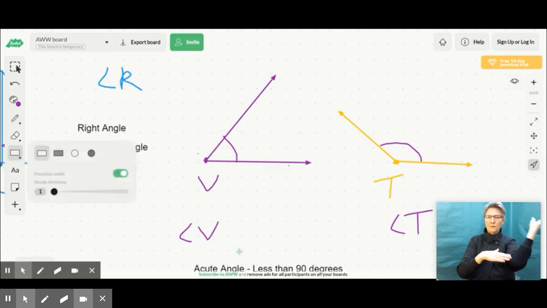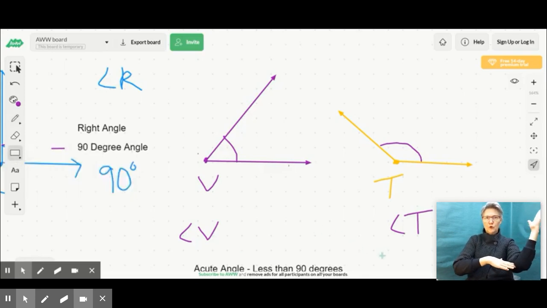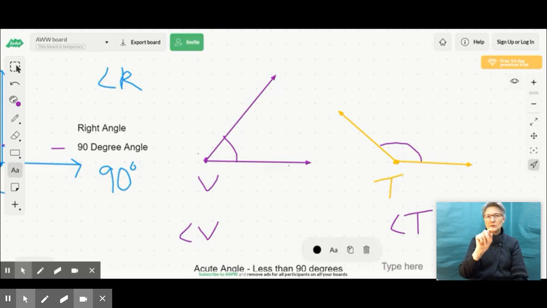So if it is greater than a right angle or greater than 90 degrees, we call it an obtuse angle. And I remember that because the word just kind of sounds larger, right? Obtuse. So an obtuse angle has an angle measurement greater than 90 degrees or greater than a right angle.